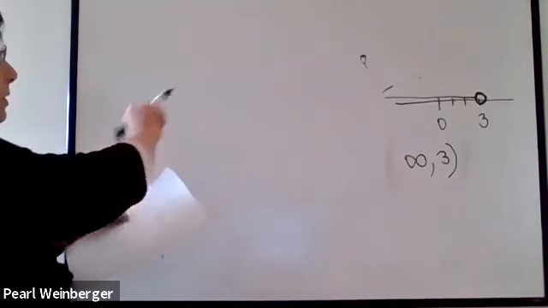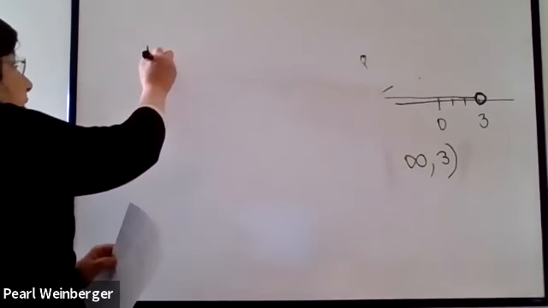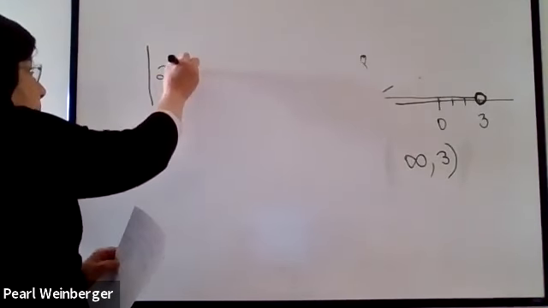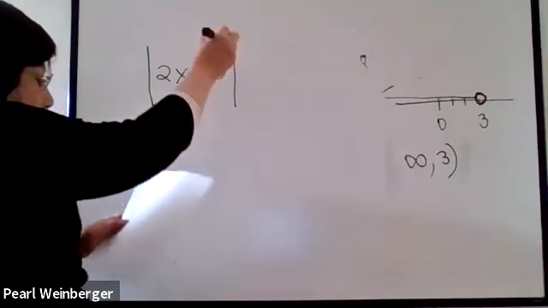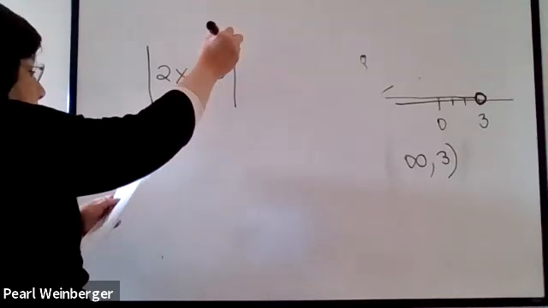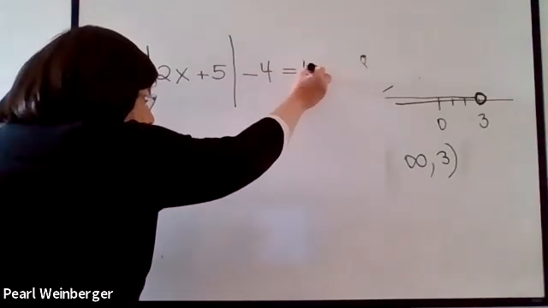So what if I gave you something like this? The absolute value of 2x plus 5 minus 4 equals 13.